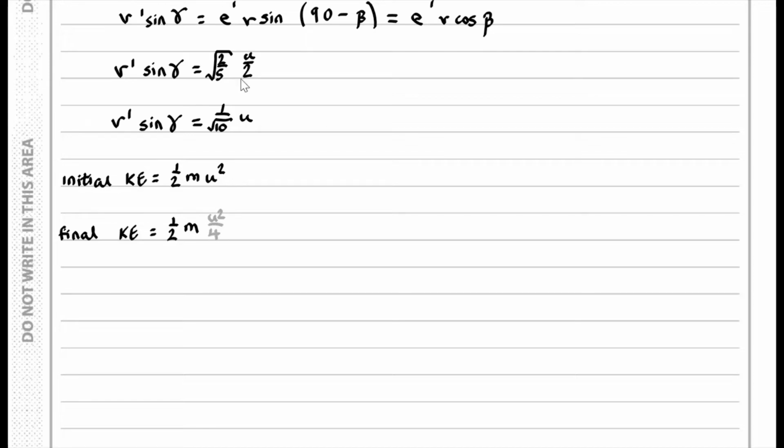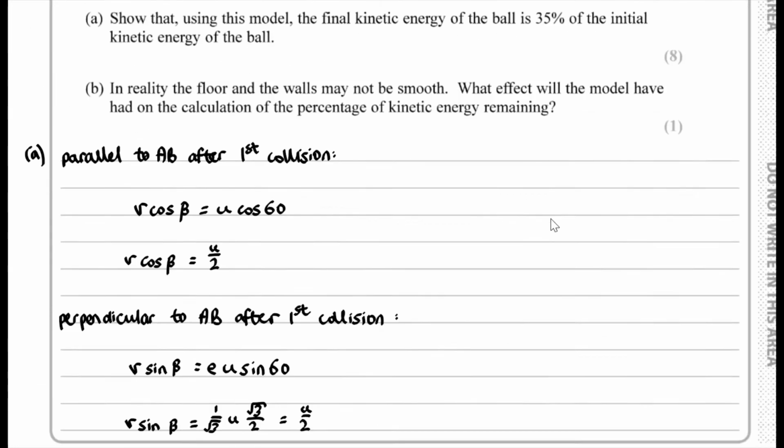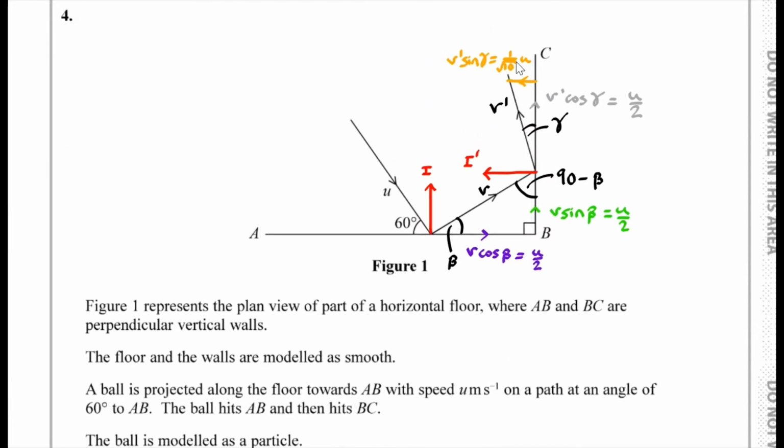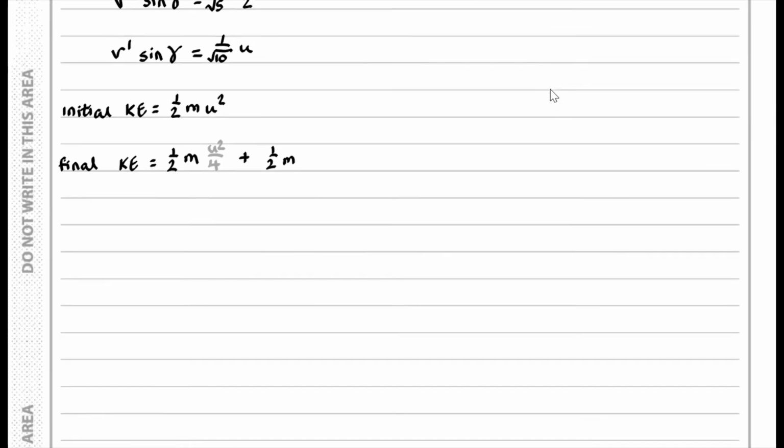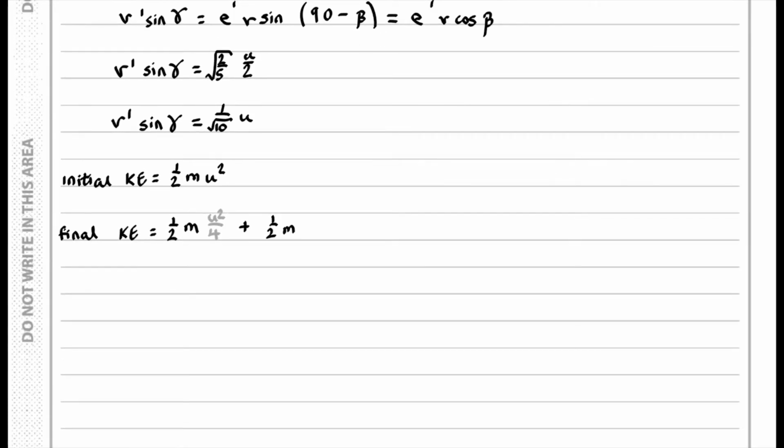And then we've also got 1/2 m times by U squared, the final kinetic energy squared, so we have 1 over root 10 times by U squared, which is 1 over 10 U squared. So we have over here U squared over 10.